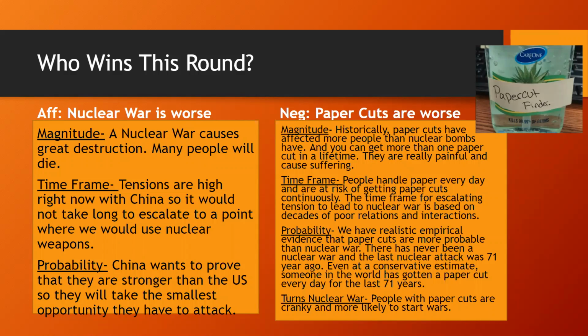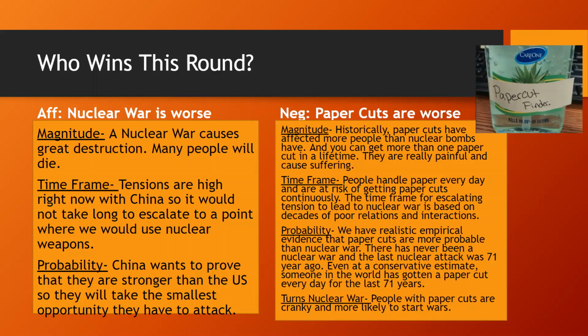The neg side, who wants to argue that paper cuts are worse, says historically, paper cuts have affected more people than nuclear bombs have. You can get more than one paper cut in a lifetime. They're really painful and cause suffering. Time frame: people handle paper cuts every day, at a risk of getting paper cuts continuously. The time frame for escalating tensions to lead to nuclear war is based on decades of poor relations and interactions.